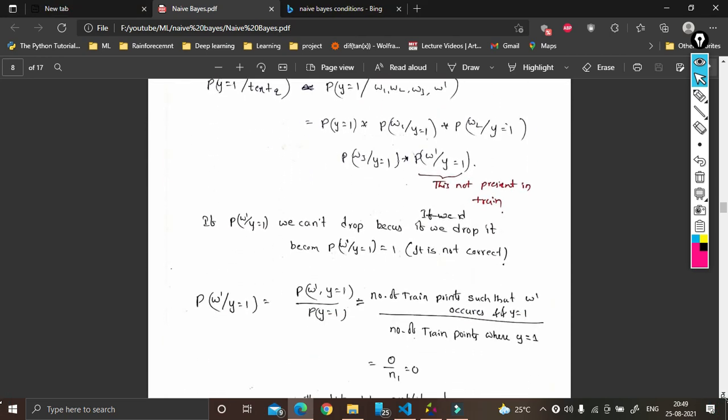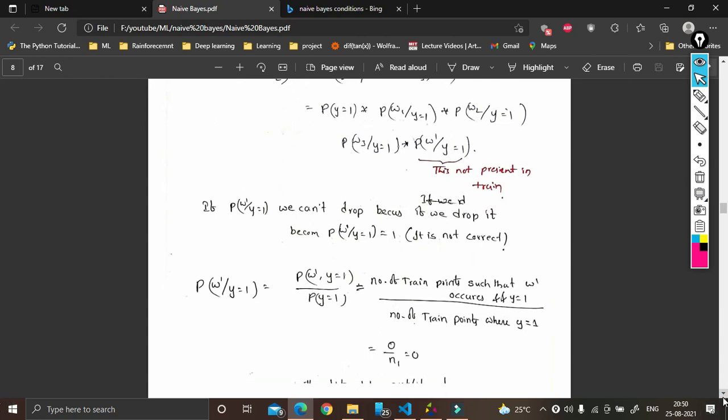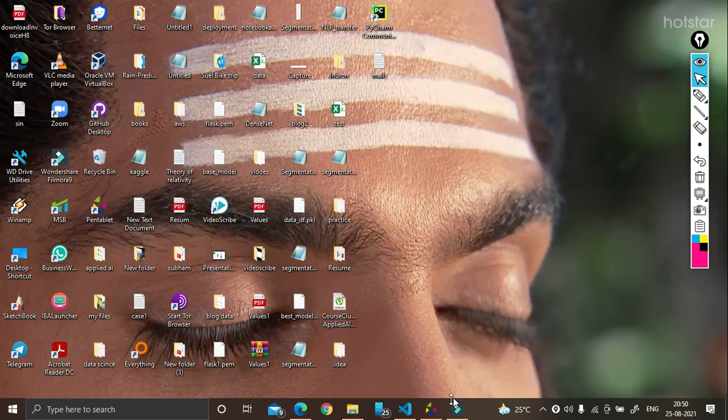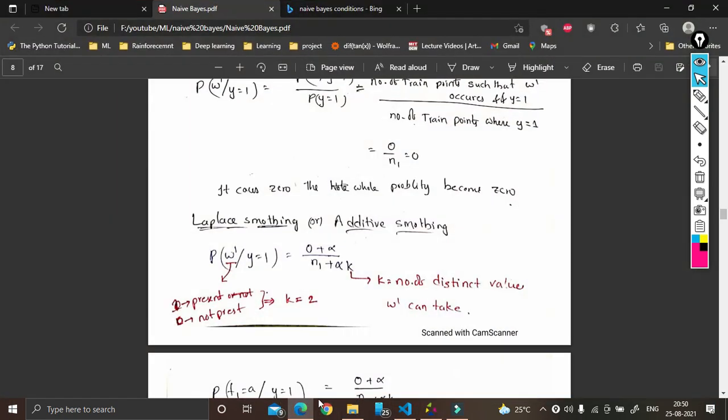By using Laplace smoothing we avoid this problem, that we will see now. In Laplace smoothing we write the count, which was 0 there, plus alpha, over n1, that means the number of points belonging to class 1, plus alpha times k.